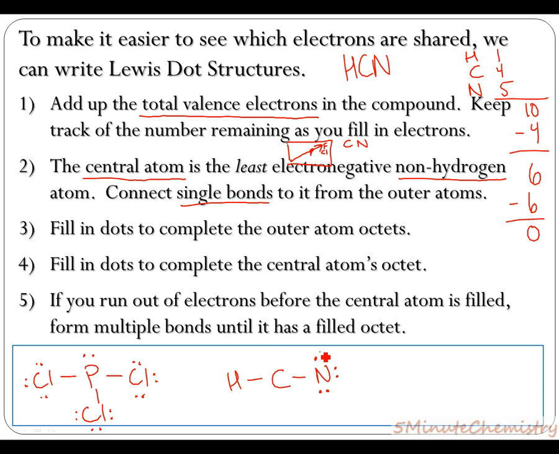So we'll take these 2, bring them over, and now they're not just 2 for nitrogen, they're 2 for nitrogen and they're shared with carbon. Nitrogen still has 8, carbon now has 2, 4, 6, so we'll repeat the process here, make another bond, cancel those, and our final Lewis structure shows hydrogen, carbon, nitrogen.